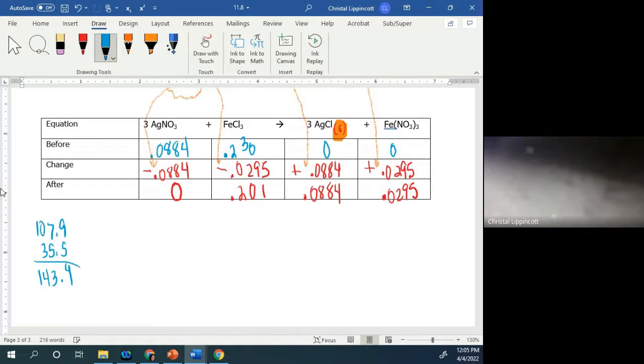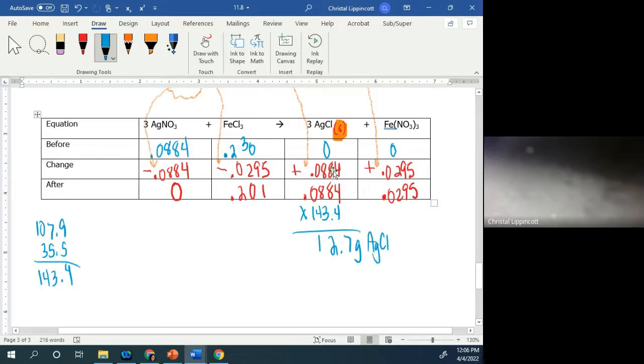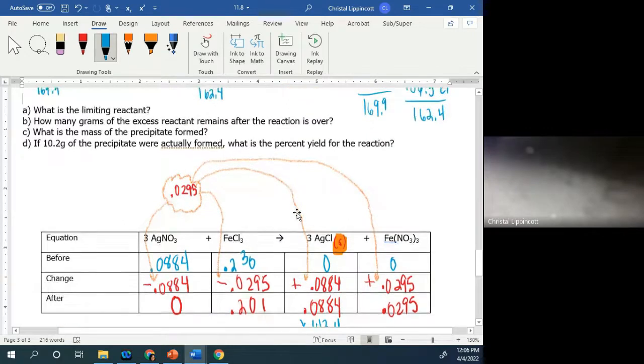So I'm going to take this and I'm going to multiply it by the moles. That ends up being 12.7 grams of AgCl. All right. So I answered C here. I guess I kind of jumped ahead of myself here. So that's 12.7.